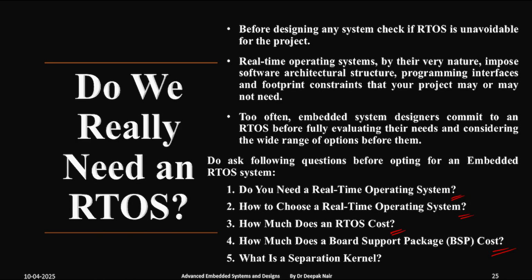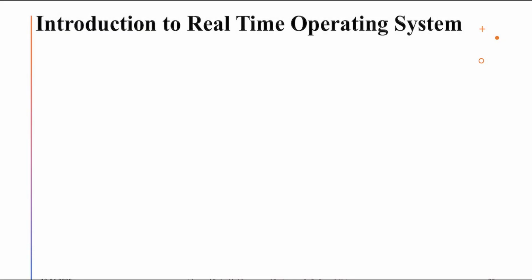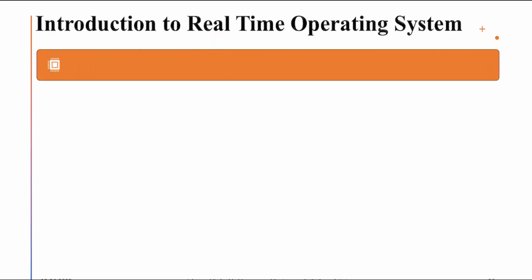And if so, how much does it cost? And what is the separation kernel? Only after answering all these questions and getting appropriate answers, one should opt for an RTOS for his or her project. Now, let us talk about the real-time operating system and its features.